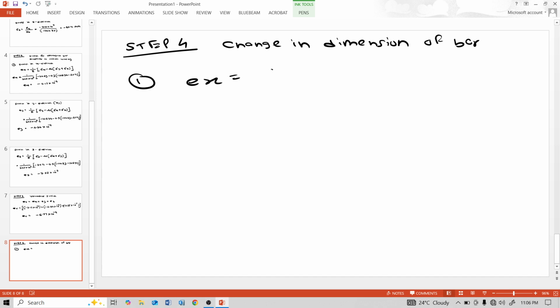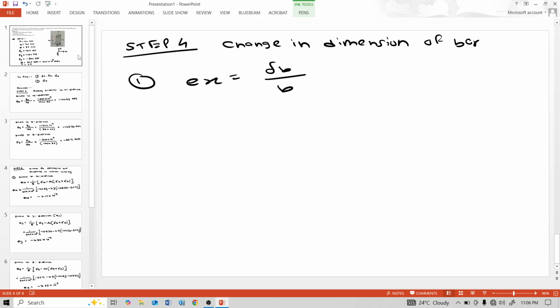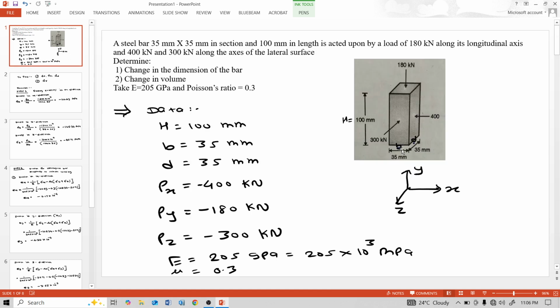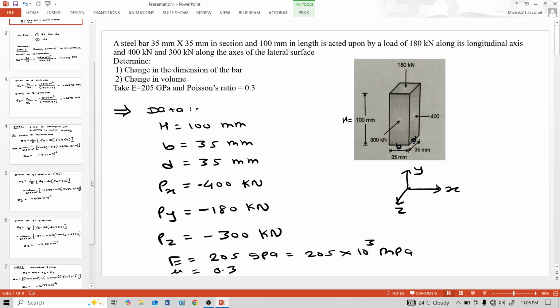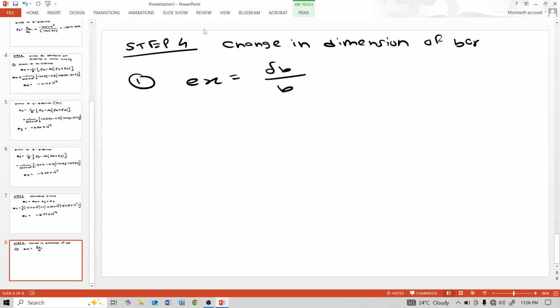Ex is equal to change in width to the original width, because this B is along the x-axis and strain in x direction is change in length to the original length. Change in width is equal to strain in x direction multiplied by width.